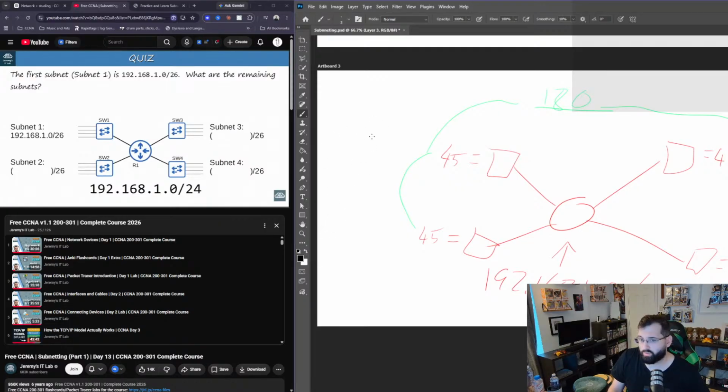So if we go here, we say that it's 192.168.1.0/26. So this means that now that we're using /26, we only have a possible of... wait, no. 2 to the power of 6. 2 to the power of 6 is 64.